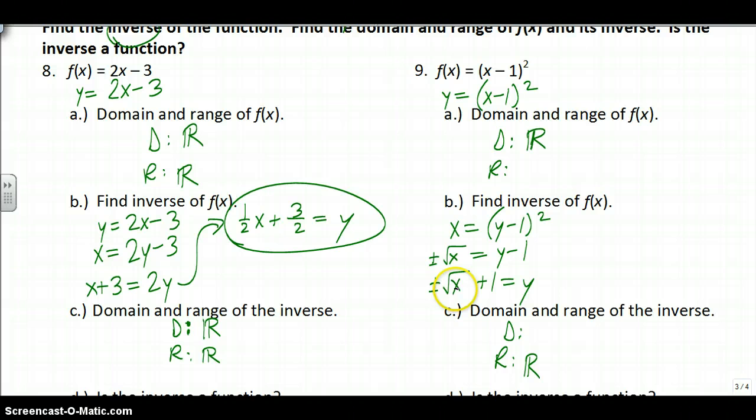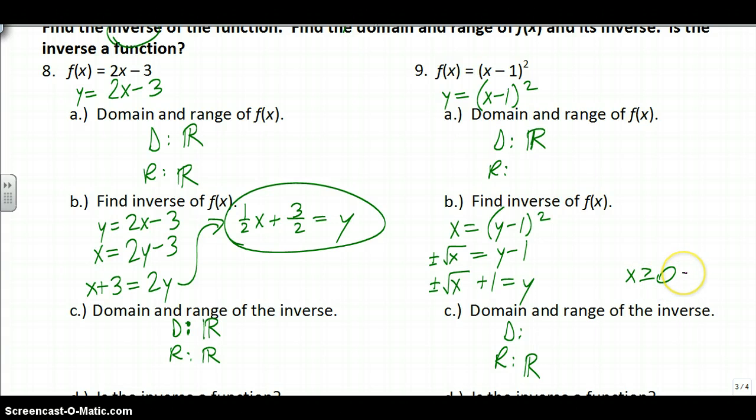But now, what's the domain of this guy? Plus or minus square root of x plus 1. Well, really, the plus 1 I could care less about. It's the square root of x. You can only take square roots of non-negative numbers. So that includes 0, of course. So you always set what's inside the radical greater than or equal to 0, because that's the smallest it can be.